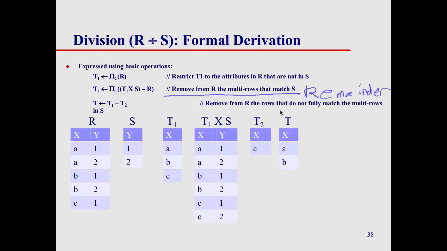So when we subtract this R from this T crossed by S, you can see that the only thing you're going to be left with is C2. That's the only thing in this relation that is not in this relation. So this is the remainder. Right here, C2 is the remainder.